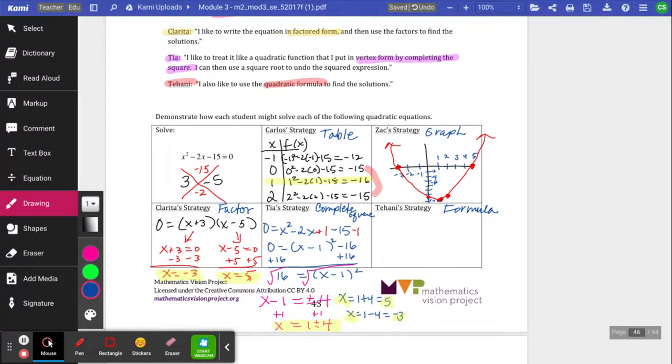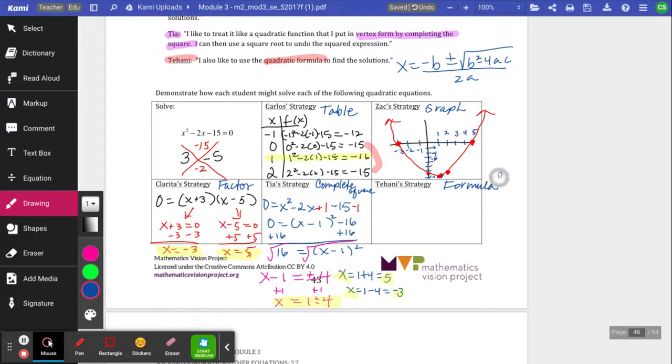And I want to write the formula up here so you have it handy for the rest of the tasks. X equals negative b plus or minus square root b squared minus 4ac all over 2a. There you go. So now let's get a, b, and c. Let's use a different color.